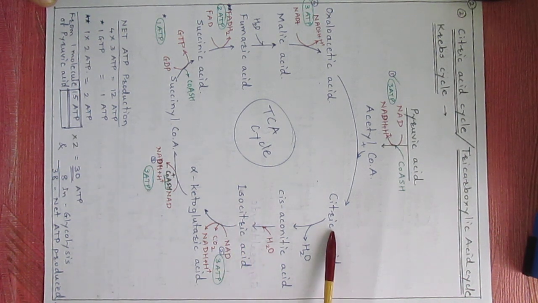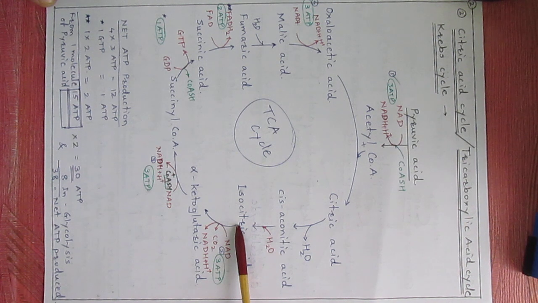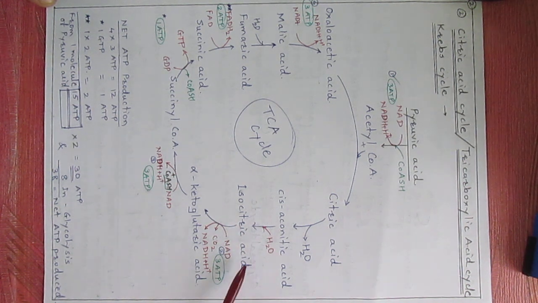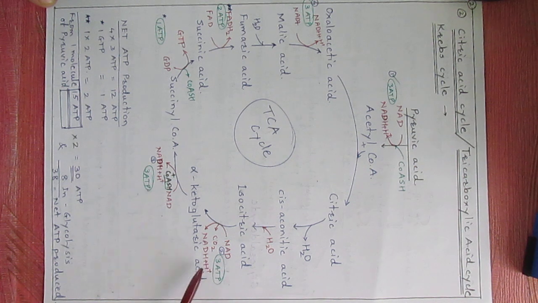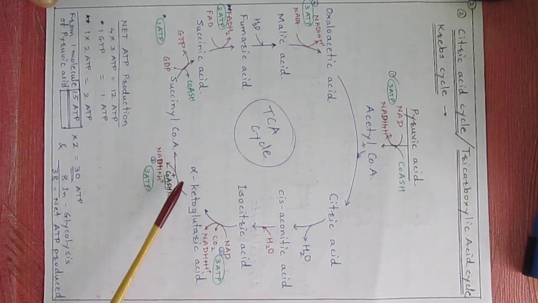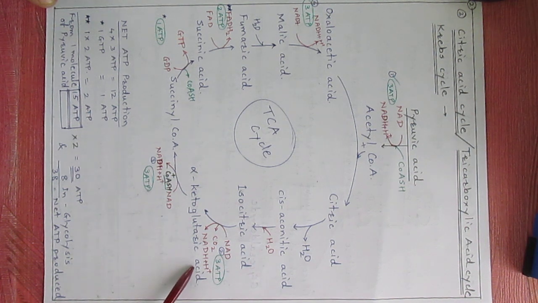That means from citric acid to isocitric acid, this step is completed, and this isocitric acid is oxidized, reducing NAD to NADH2. In this process, a carbon dioxide molecule is removed. Again, this process transforms this isocitric acid to alpha ketoglutaric acid.